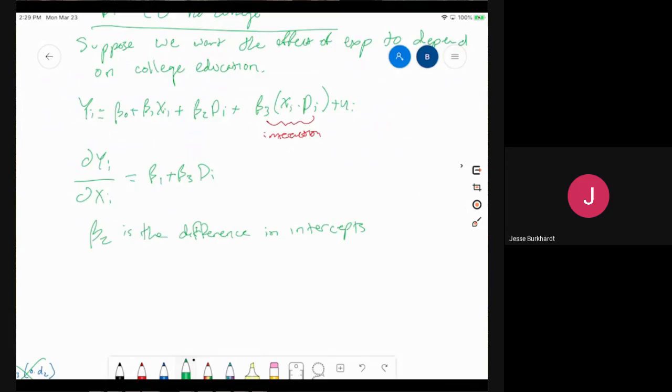Beta 1 is the marginal effect of experience when d1 equals 0, or no college.